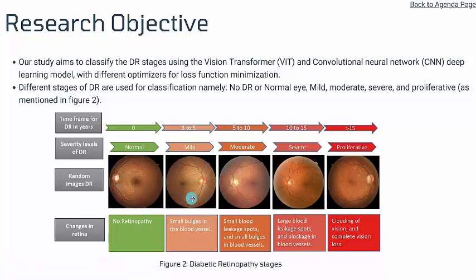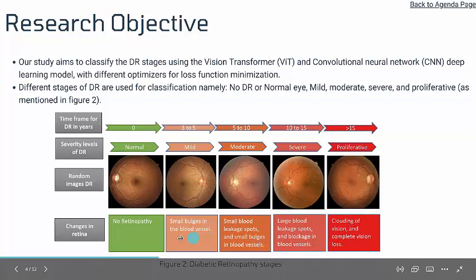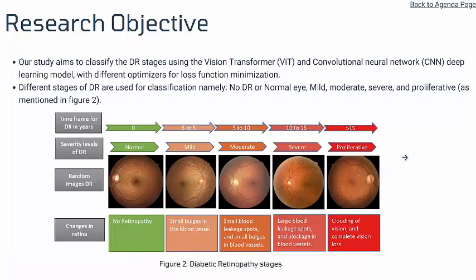This is mild, moderate, severe, and very severe, when it's more than 15 years, the time frame for the DR. And these are the changes, and so our system will categorize based on the image given.